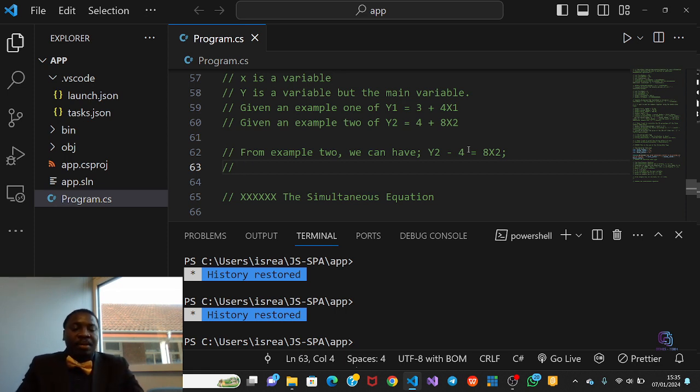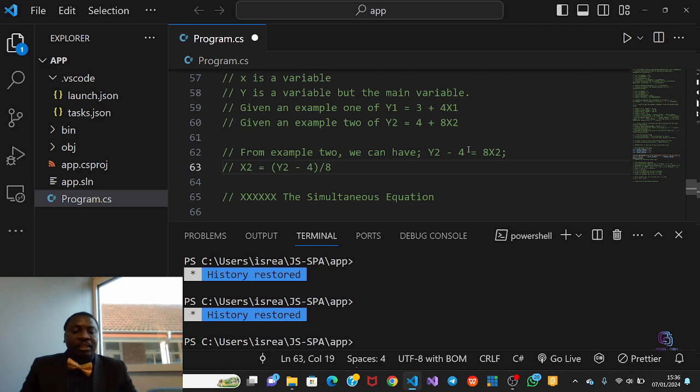So then we can have x2 is equal to y2 minus 4. Let's put them into brackets. Apply the first bracket, then the second bracket, then divide it by 8.